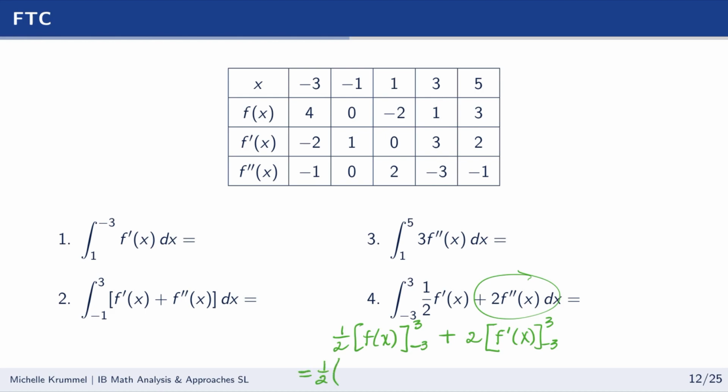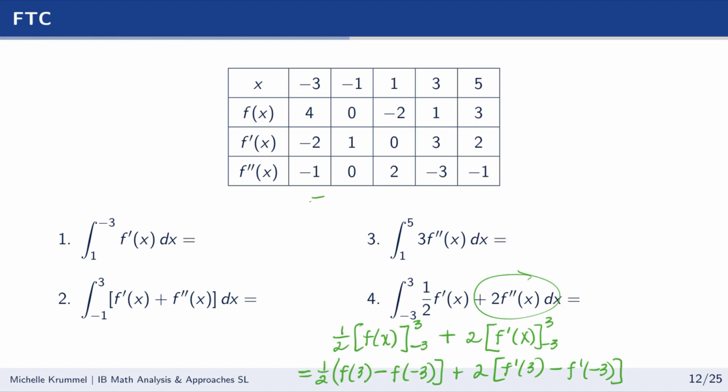Sub in the upper bound, we get f of 3 minus, sub in the lower bound, f of negative 3, plus 2 times, sub in the upper bound, f prime of 3 minus f prime of negative 3.